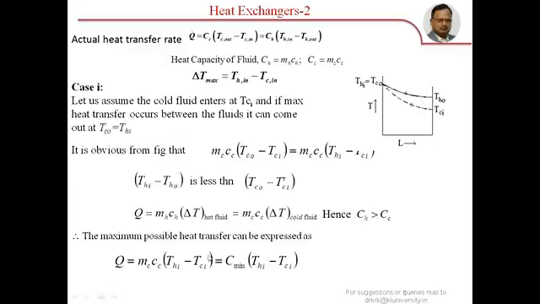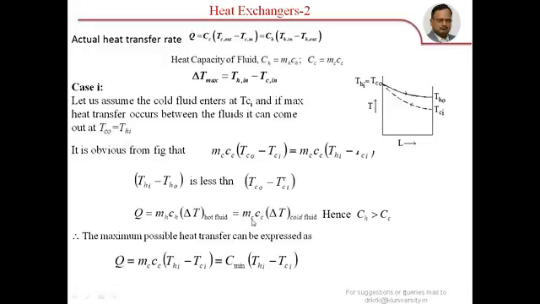In this figure, if you write the energy balance equation, you will identify that the minimum heat capacity fluid is the cold fluid because it is subjected to maximum temperature difference. So we can conclude like this. From this equation, by applying the lever rule, if delta T of hot fluid is low, MHCH should be high. If delta T of cold fluid is low, MC should be higher than MHCH.